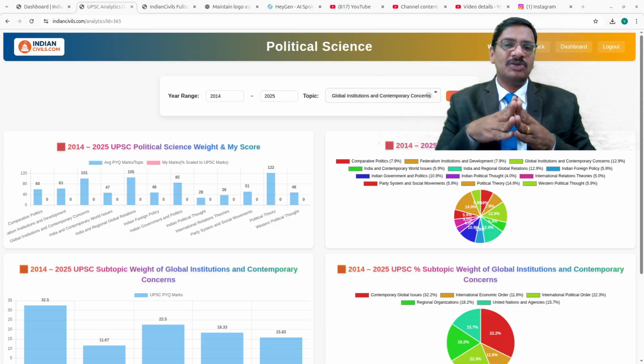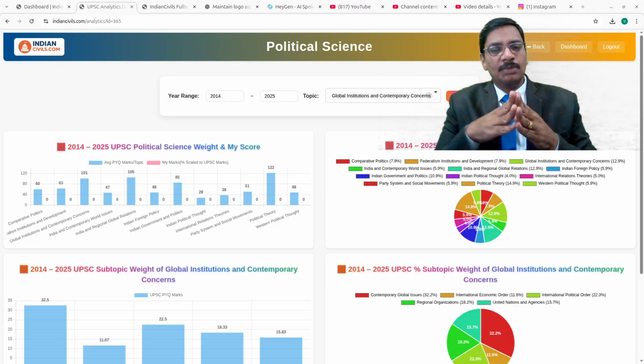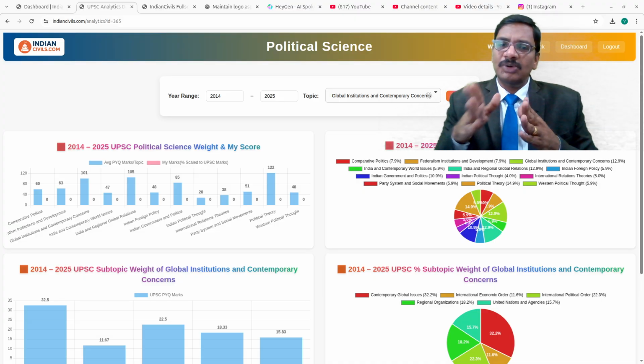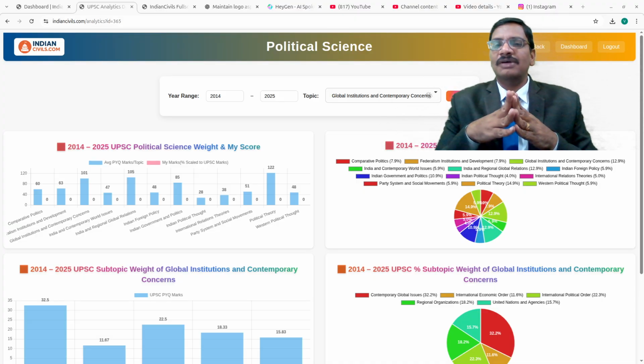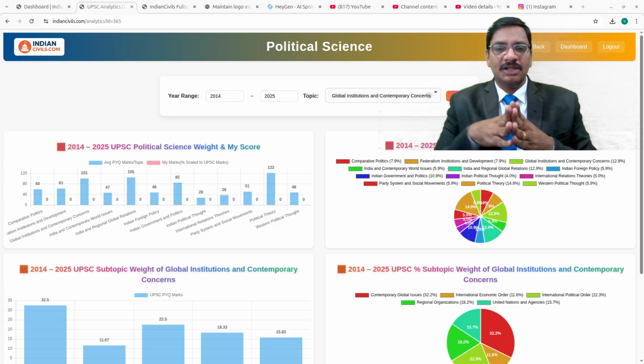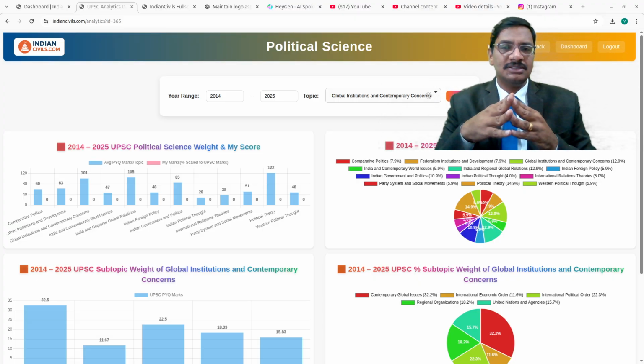But irrespective of whether it is static or dynamic content, you have to have a smarter approach to score high in political science, right? The smarter approach is, here I have given one particular tool that will classify your syllabus into topic and subtopic level, and also identifies the questions from the past 10-15 years, which are the areas UPSC is mostly focusing on.